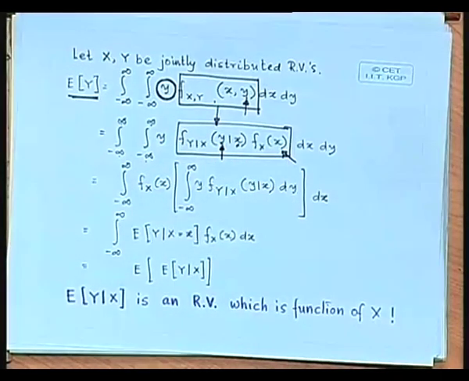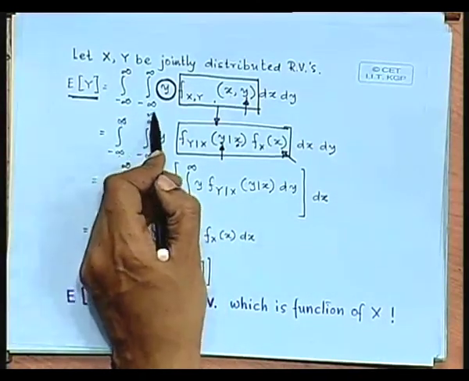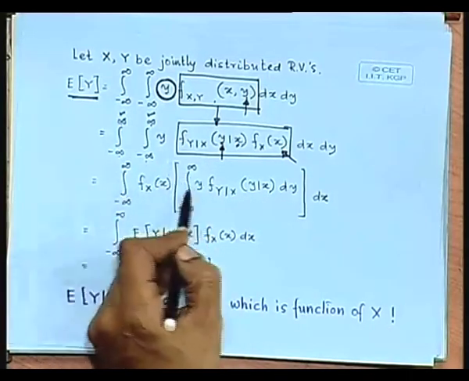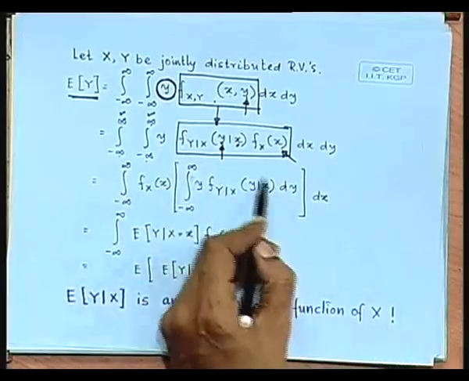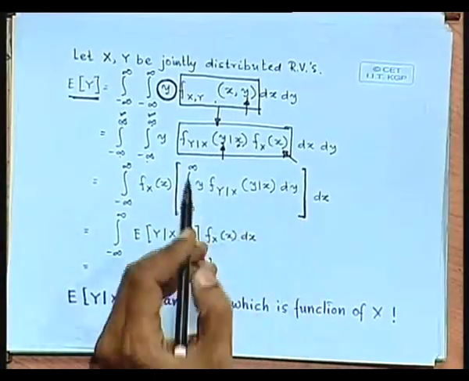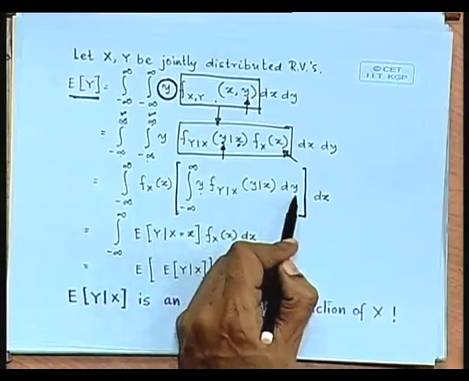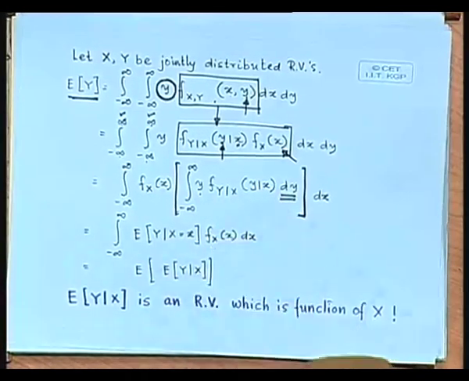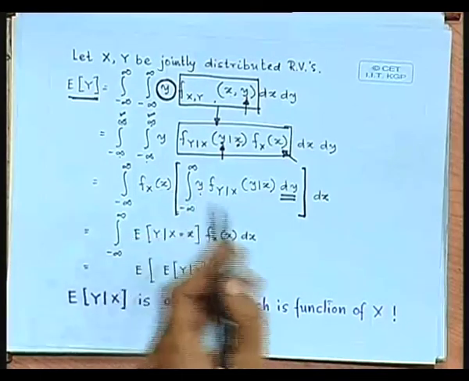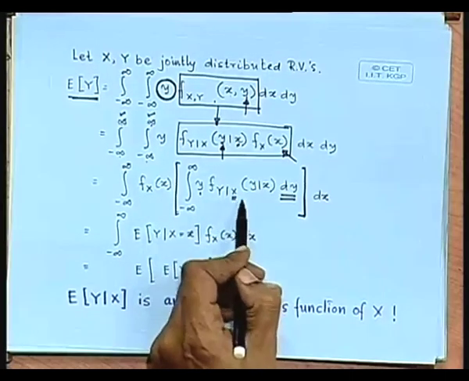Okay. Now, one of these integrals is over x, the other integral is over y. So, we take one integral inside and bracket these terms. Now this is the integral of y fy given x dy, as if this is the conditional expectation of y, which is nothing but the conditional expectation of y given capital X is equal to small x.